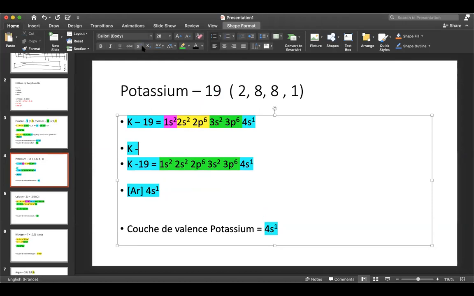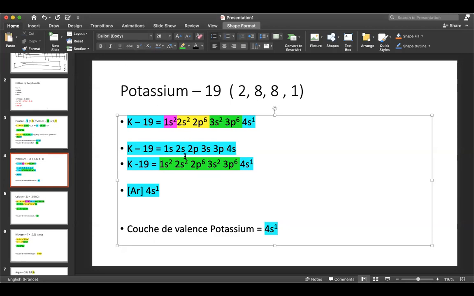And I told these guys that every time you're giving an electronic configuration, you also put a symbol and you use the atomic number so that it guides you. So we're saying 1s, 2s, 2p, 3s, 3p, 4s, we end here.